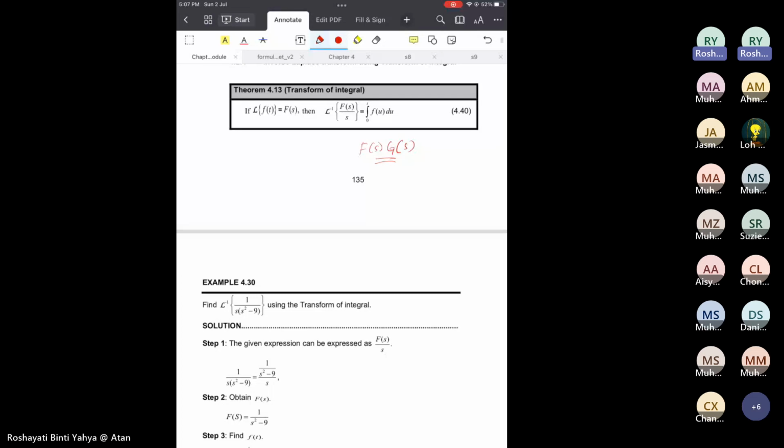We can say it is modulation between two functions f and g. Okay, but for this transform of integral, we have a function F(s) that is divided by s.